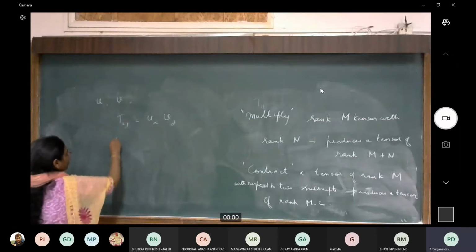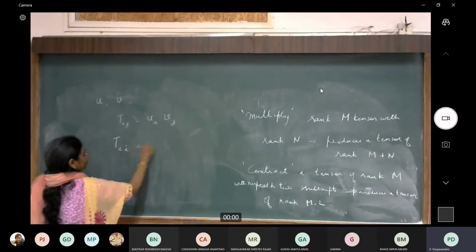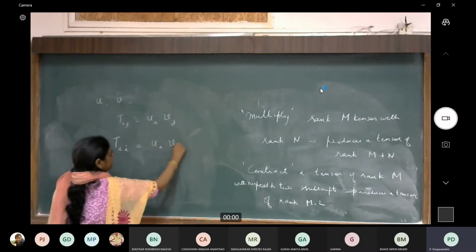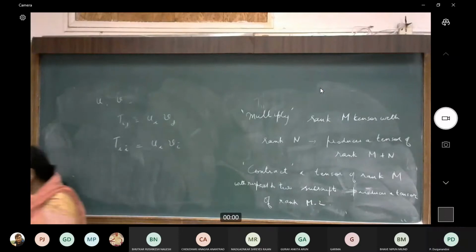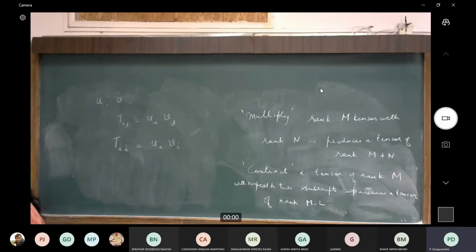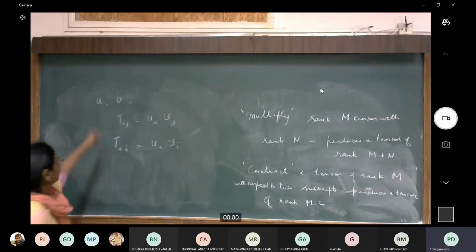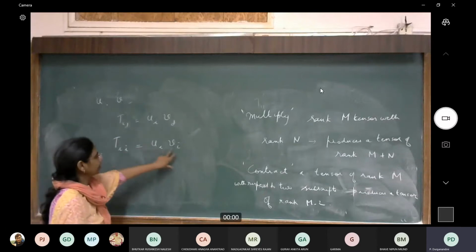Now the contraction process is T_ii, so this means it is equal to u_i v_i. But what is u_i v_i? If given two vectors, what is the meaning of this expression?